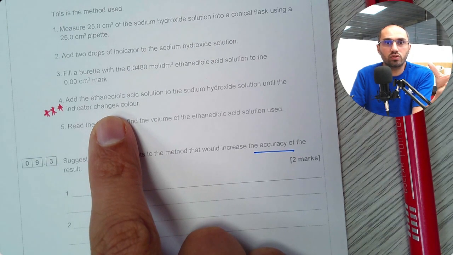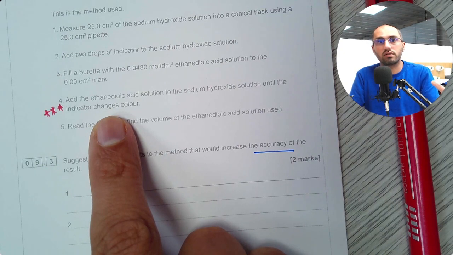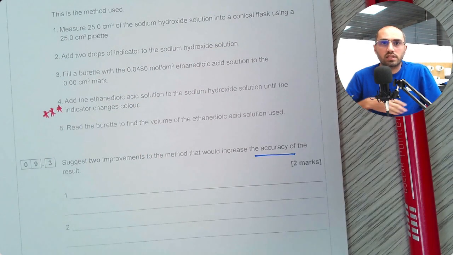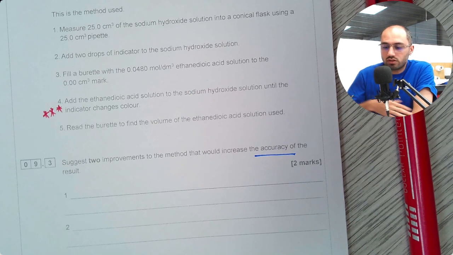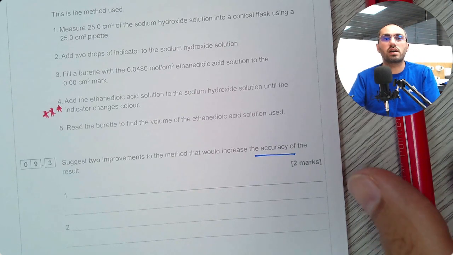So you have to make sure while you're adding solution from the burette, which is acid, to the conical flask, you are swirling the conical flask. Based on this entire method, I've identified one more improvement, and that is you don't do the experiment just once. You have to make sure you do it a number of times and then you calculate the average. So that's what we are going to list down as our improvements.